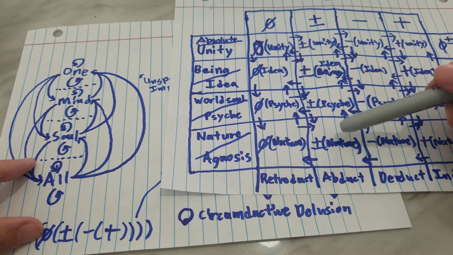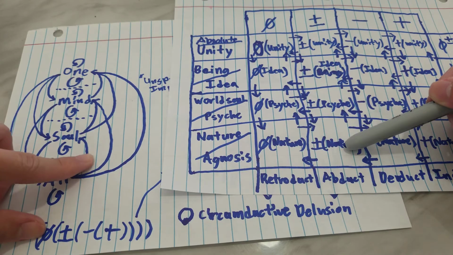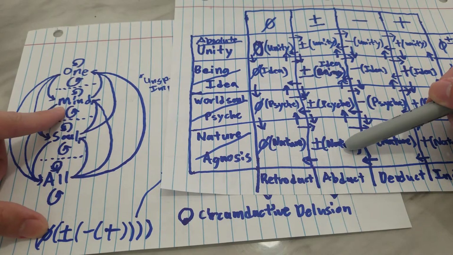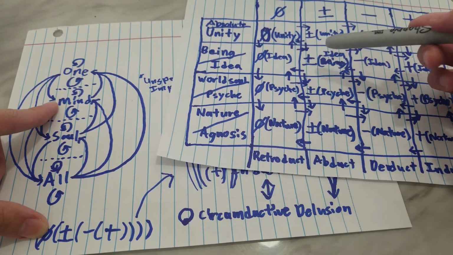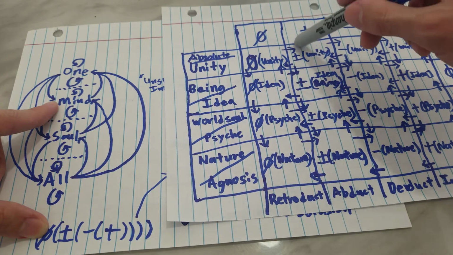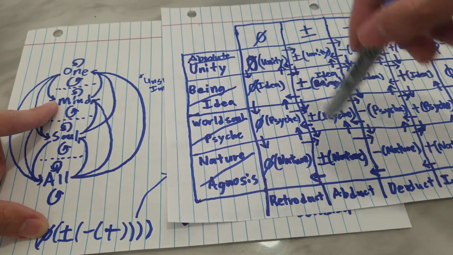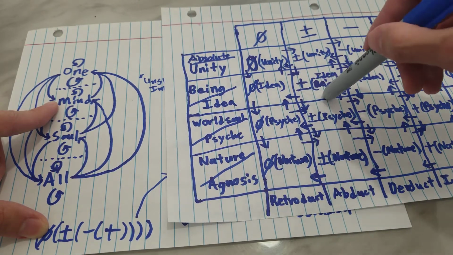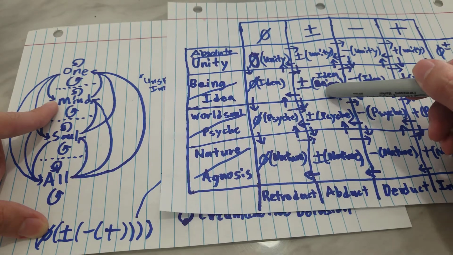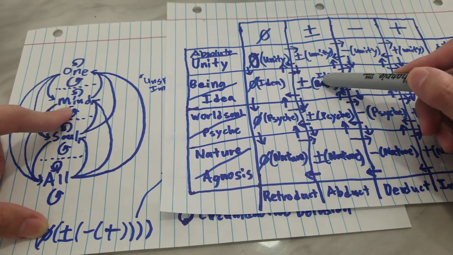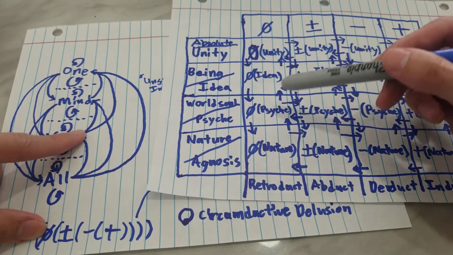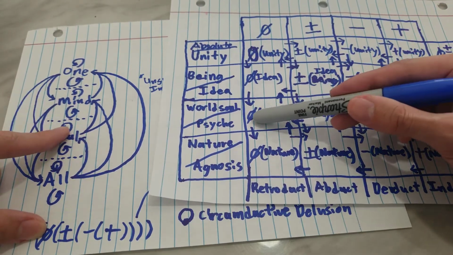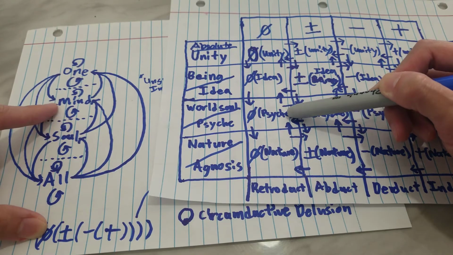So the abductive nature from all to the mind, since, what should I say, the abductive mode is closer to the being or idea or the mind, and from soul to the one is the retroductive psyche.